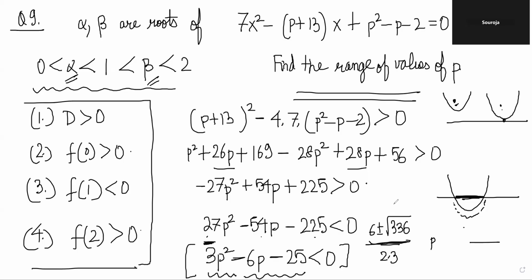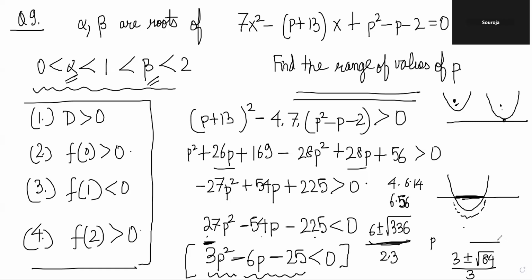So 6 into 56. It doesn't give us much, but we can take a 4 common for sure. 14 fours are 56. 4 into 6 into 14. So 4 common comes out of the root, becomes a 2. And inside you have root 84. So it becomes 3 plus minus root 84 by 3.